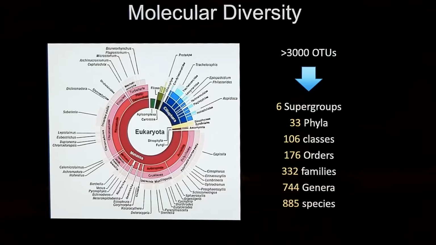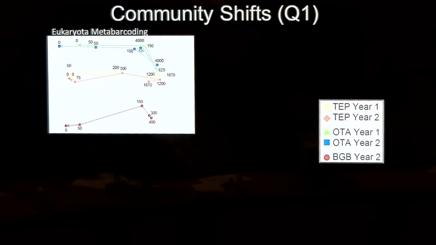Now, to address our first question, I'm going to get slightly more technical, and I apologize for the background here because it's very small, but I'll go slow. The first question was, does the community composition change consistently across gradients in the 3 taxonomic groups? This diagram represents the overall biodiversity or composition of one of these groups, the eukaryotes.